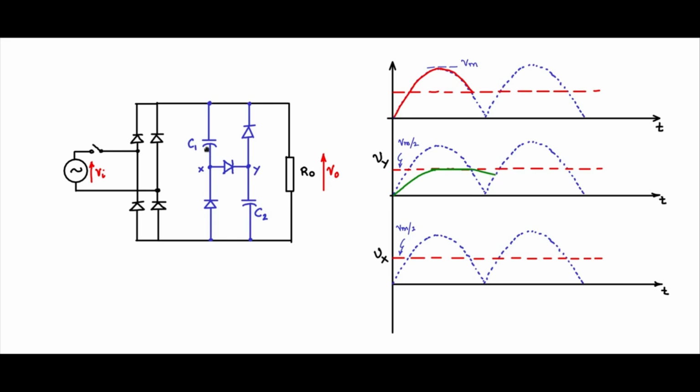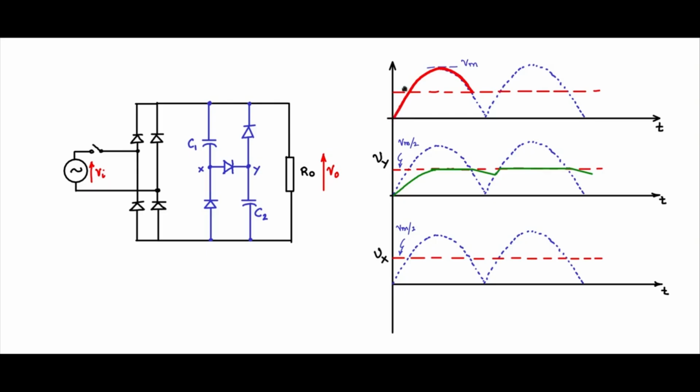Each of the capacitance, C1 will discharge in this fashion, C2 will discharge in this fashion, till it reaches this point when the input mains crosses this, and these diodes will conduct, and again the cycle will repeat. So this will conduct here, and once it starts conducting and once the C1 and C2 charges are replenished, it will go and stay at the Vm by 2 level. And this continues in this fashion.